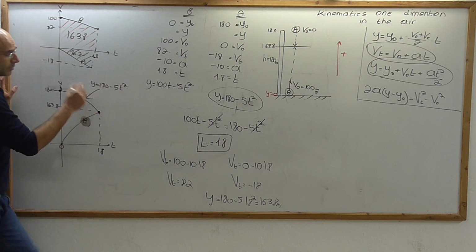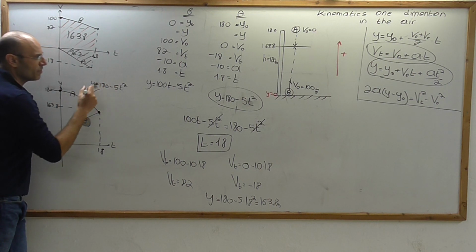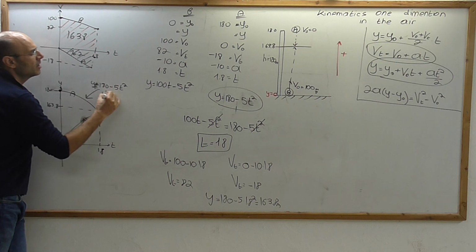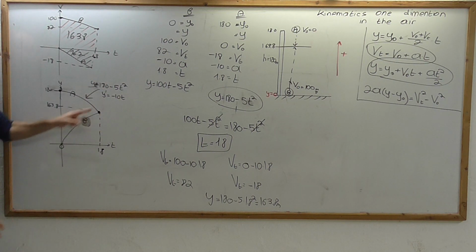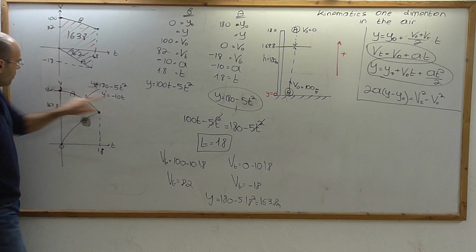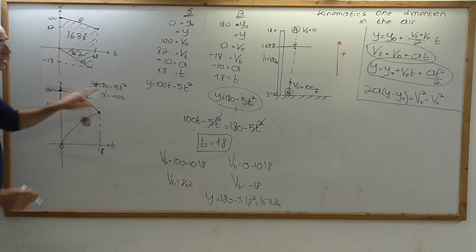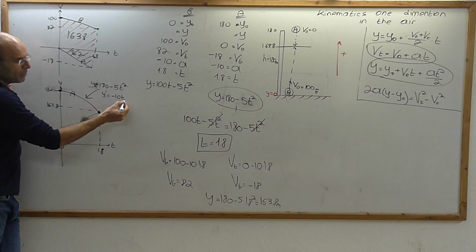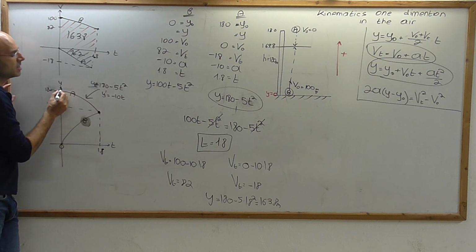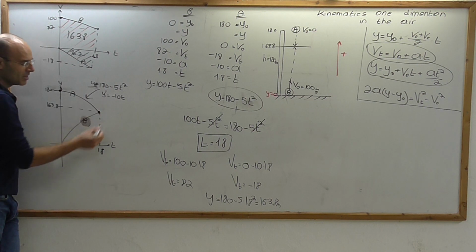If you know the high math and you find the derivative, it will be minus 10t. Because we know that the derivative is the slope, but the slope changes here. So if we put t equals 0, you will get 0. T equals 1.8, you will get minus 18, which is exactly the slope here.